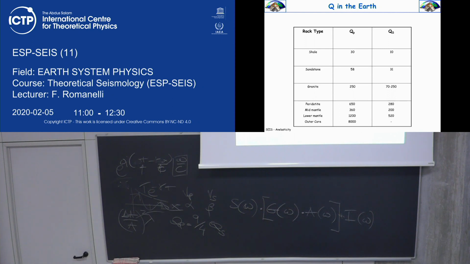Okay, so remember that the Q of the Earth, that we measure in principle at the surface, is a sort of an integral of the layers that are beyond the surface. And they can be very, very different between sedimentary rocks, bedrock, deep mantle, outer core and stuff like that. To sum up this part, what we did was, okay, we took the beautiful elastic velocities of the wave physics course, and we tried to insert some model to make this expression here contain an attenuation part.